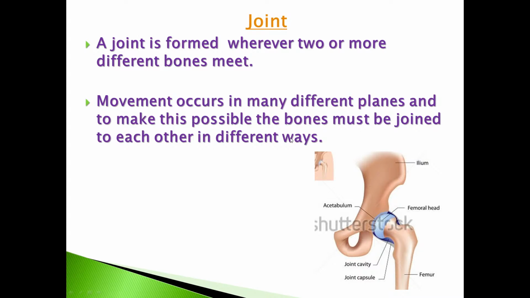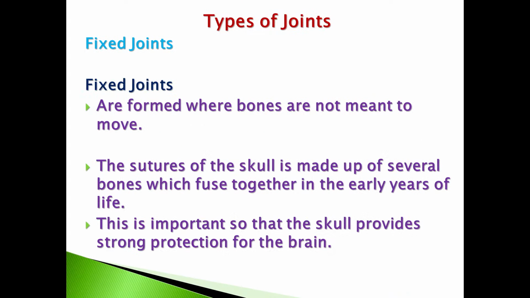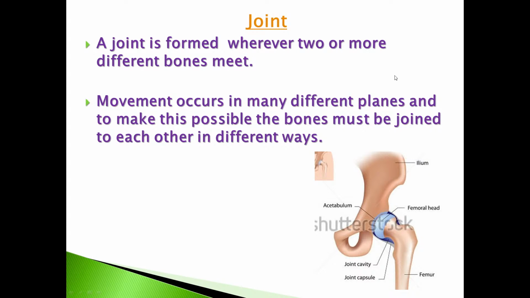The second pointer: movement occurs in many different planes. In terms of the skeletal system, once you see the term planes, they are talking about direction. So rather than using the word direction, we use the term planes.